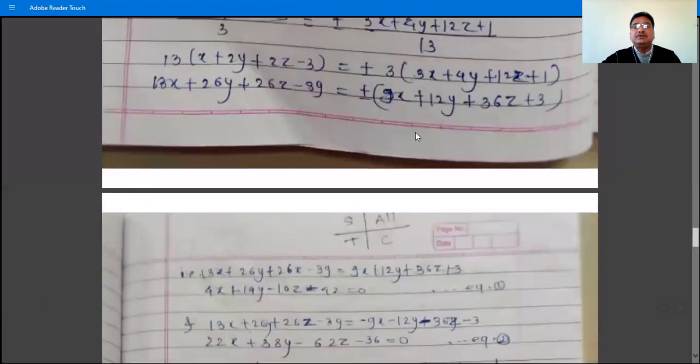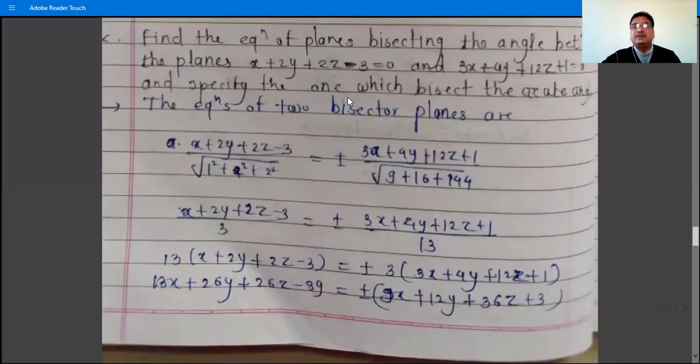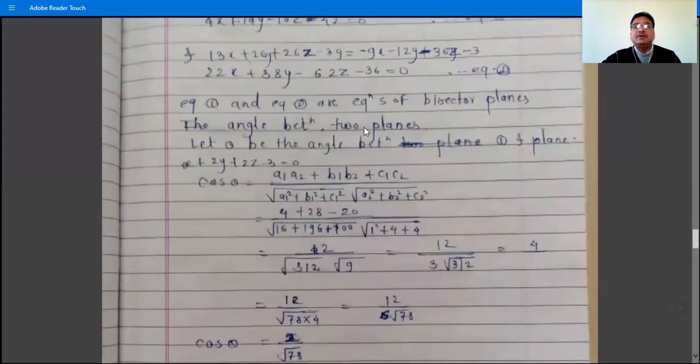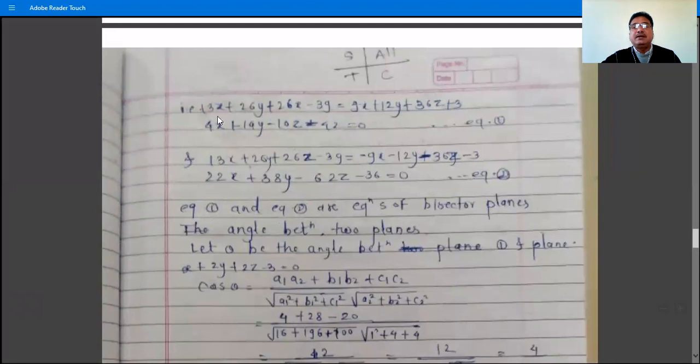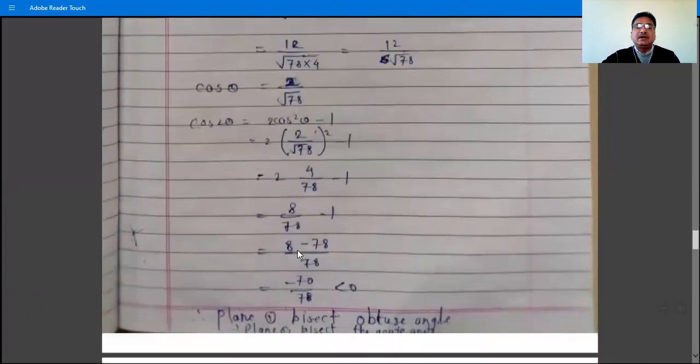So the second plane, that is 22x plus 38y plus 62z minus 36 is equal to 0, bisects the acute angle. So out of plane number 1 and plane number 2, plane number 2 bisects the acute angle, and plane number 1 bisects the obtuse angle.